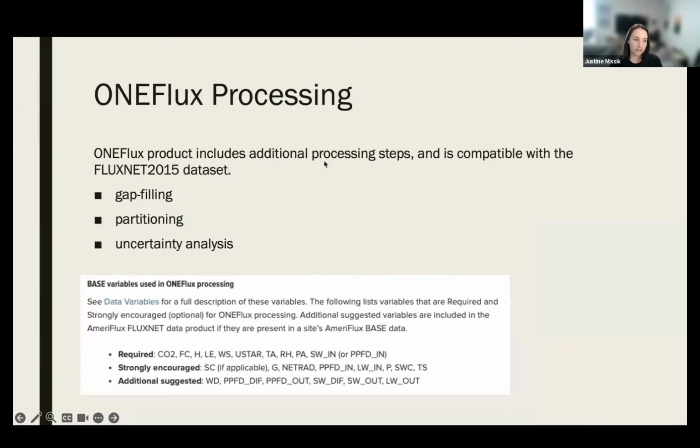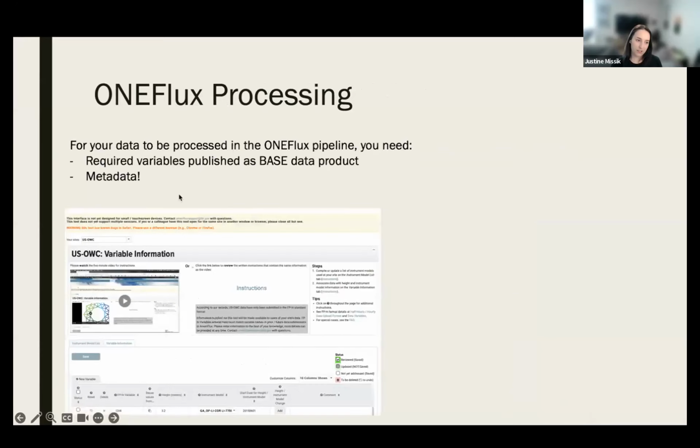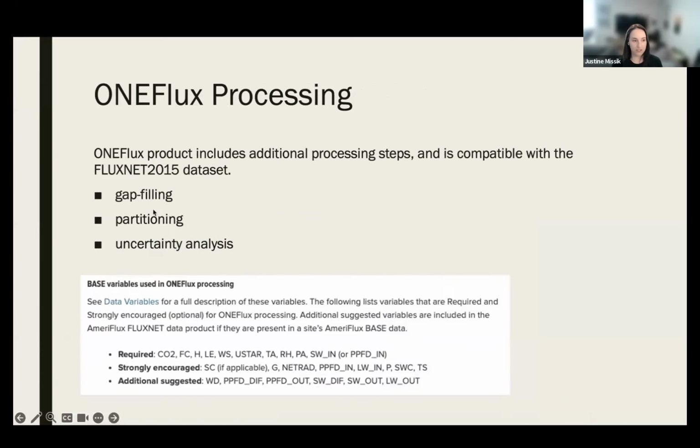Yeah, so for this data product, being able to process your site's data through this pipeline is a newer addition to AmeriFlux. And it's going to produce a product that has gone through a bunch of gap filling, partitioning, uncertainty analysis, and things like that.